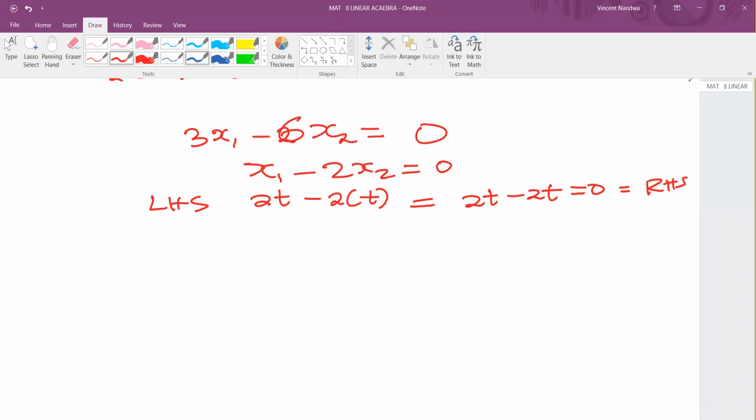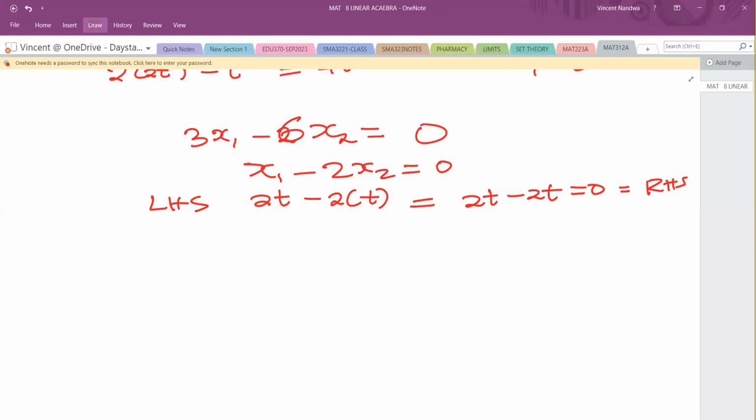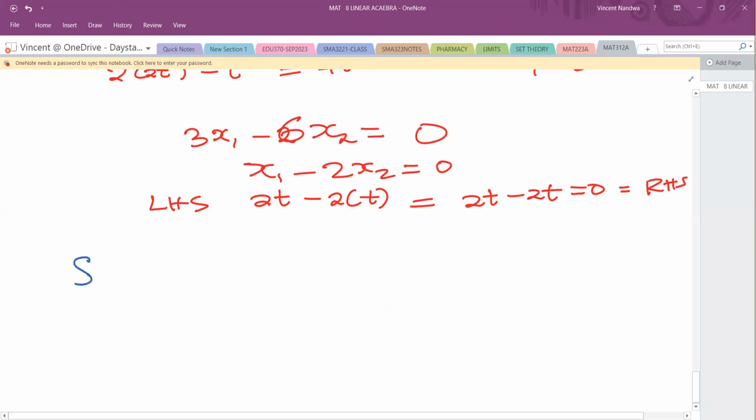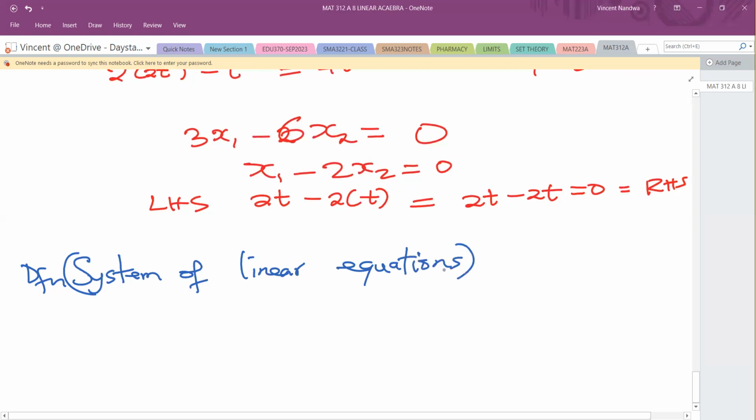So let's now define what we call a system of linear equations. To define a system of linear equations, you need to understand what a linear equation is. We have already defined it, given examples, and shown how to solve one linear equation in more than one unknown.